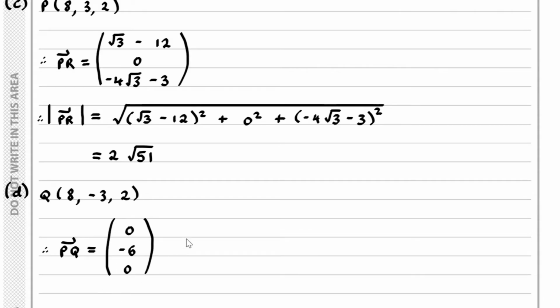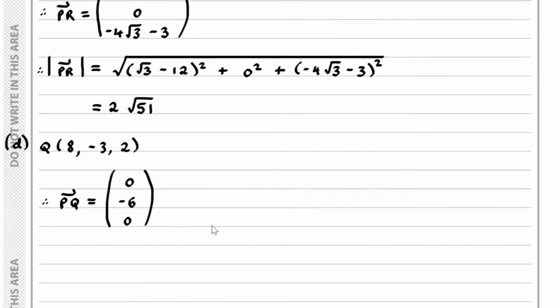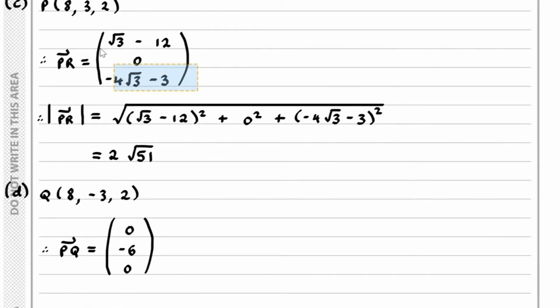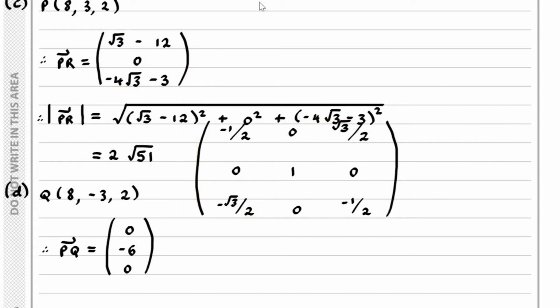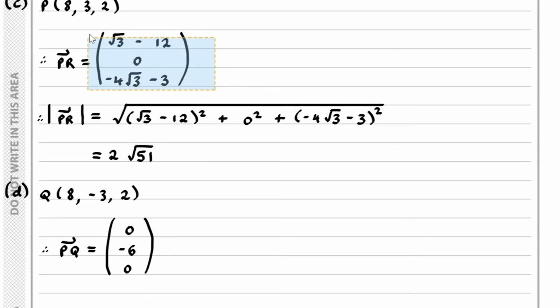And now that we know what PQ is, we can do PR dot with PQ. And so therefore, PR dot with PQ, well, we've got PR, which is this vector over here.